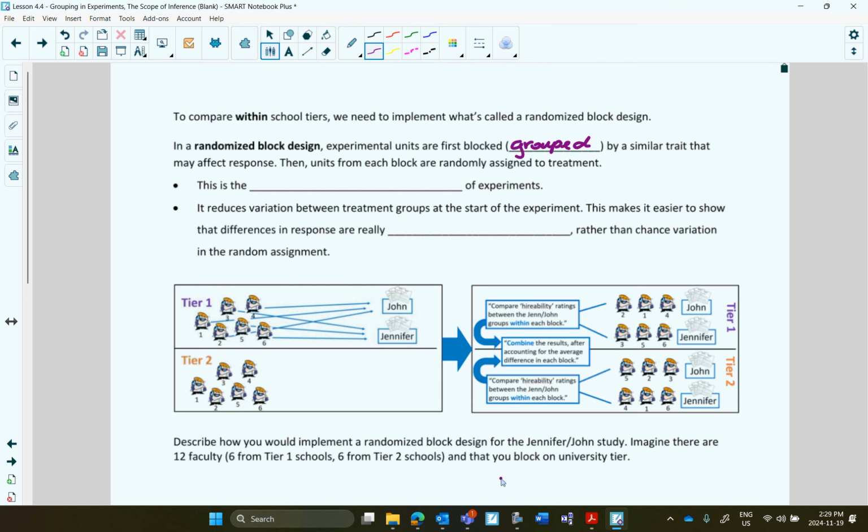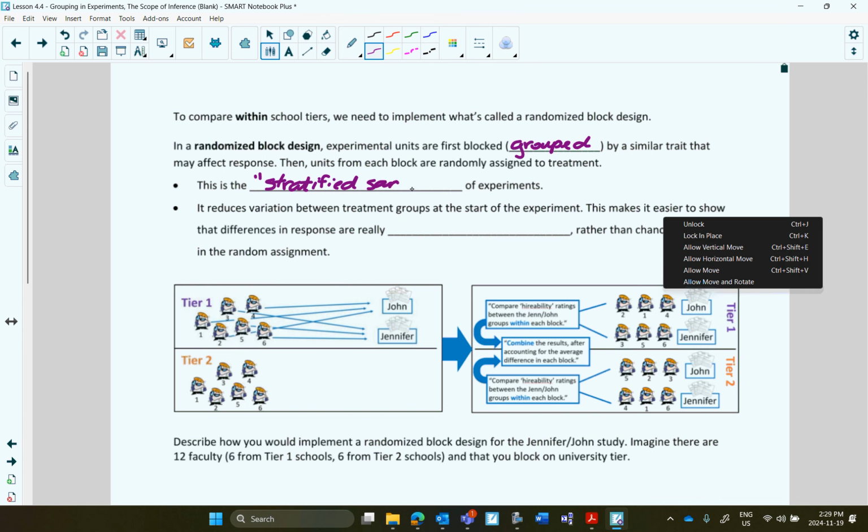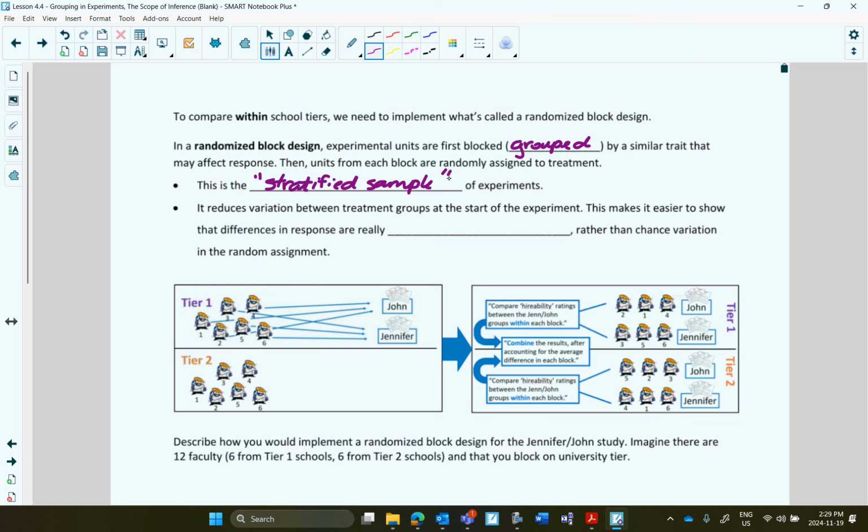So it's the stratified sample of experiments. But we don't really use stratified when we talk about experiments. We use blocking. We use stratified when we talk about surveys. But there is a comparison between the two.